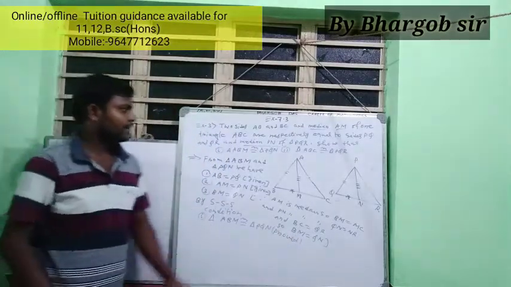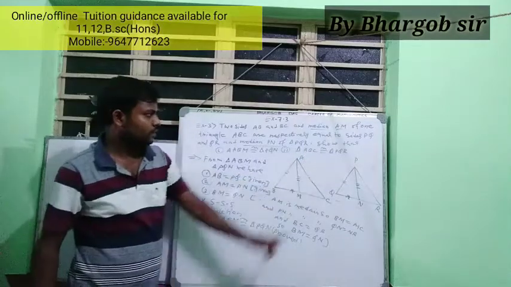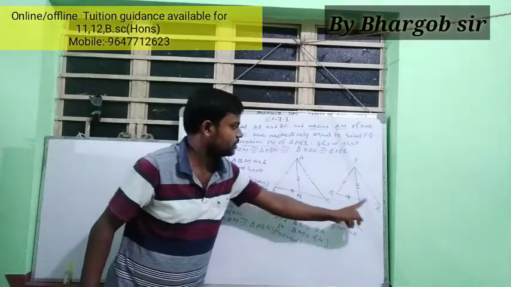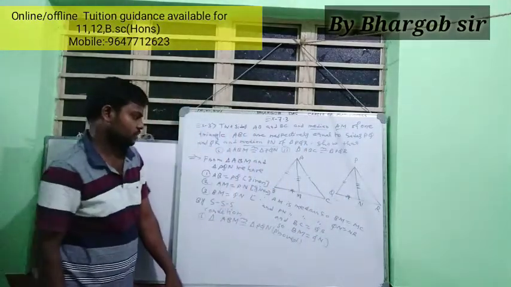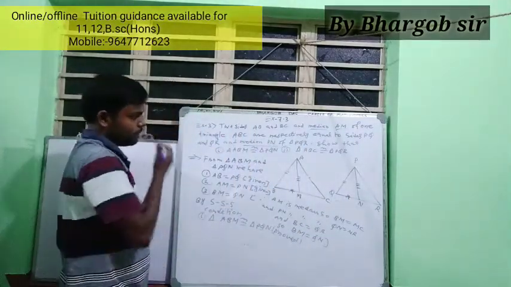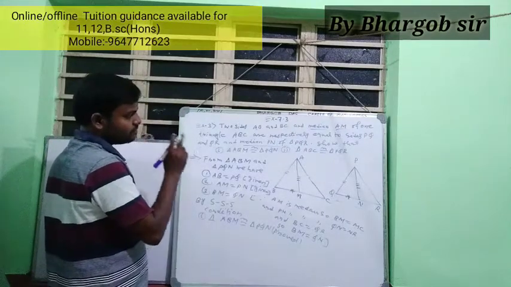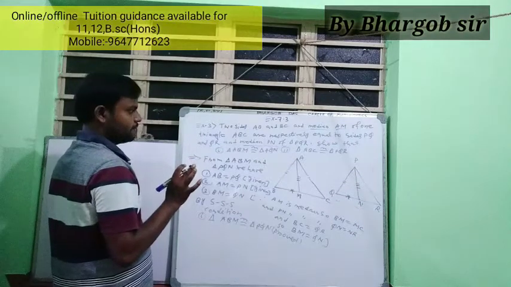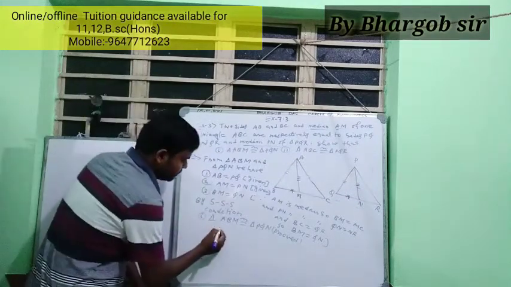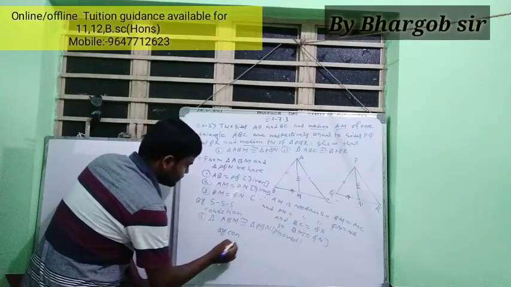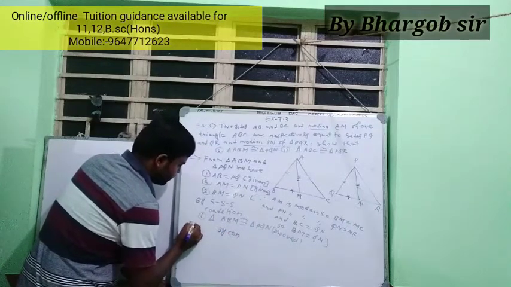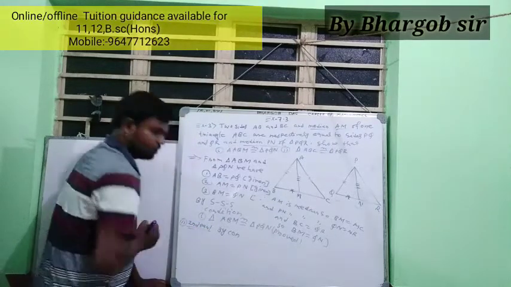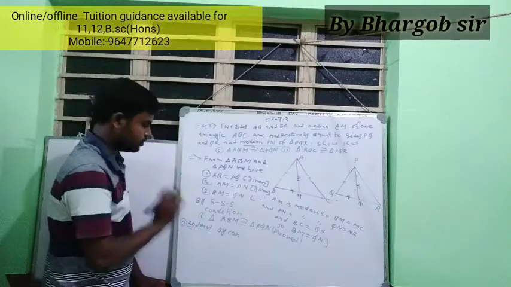Number 1 problem done. And next problem, this triangle ABC is congruent to PQR. No problem. This side equal to this side, very good. And by congruency, number 2, second part.